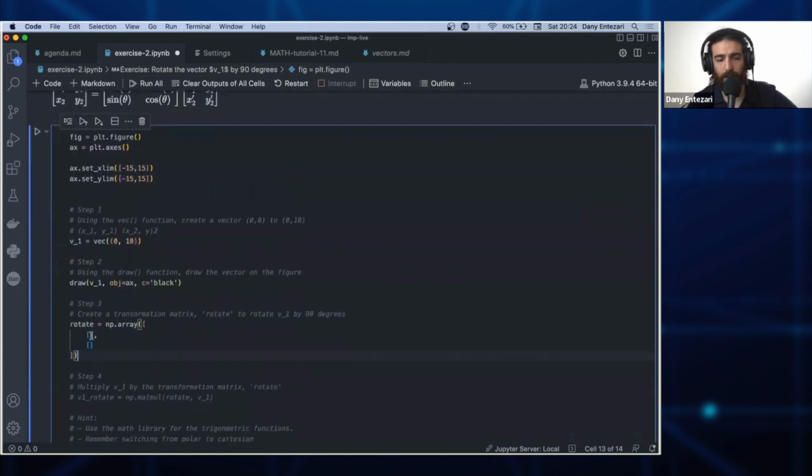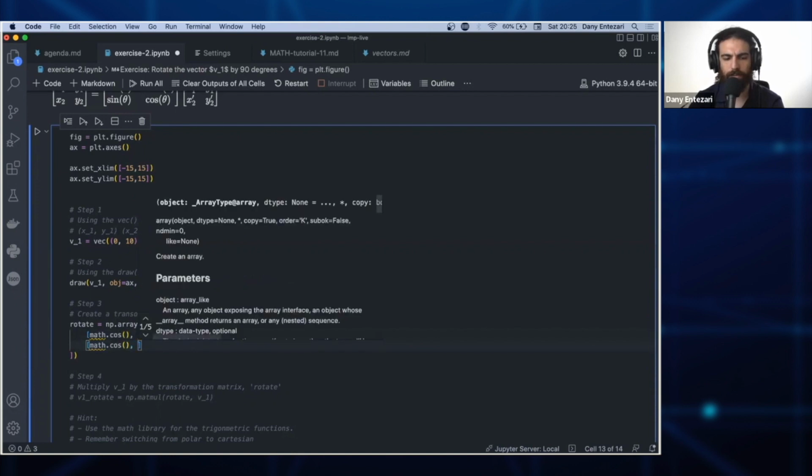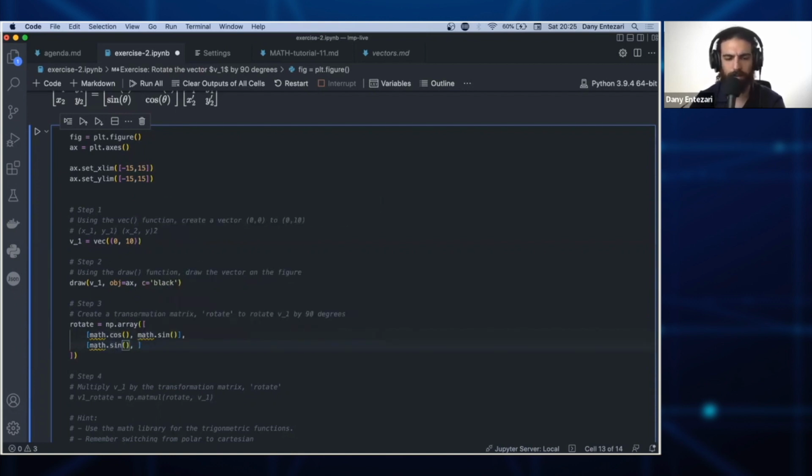So I already have the math library in scope. So I'm going to use math.cosine. I'll plug in the values in a second. Then I have math.sine. Then I have math.cosine. Oops, sine and then cosine, right? The cosines go on the main diagonal, like so.